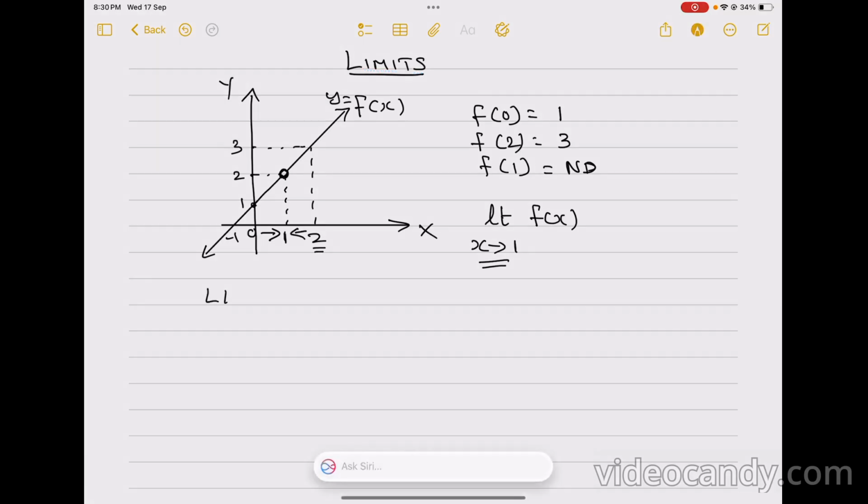The left hand limit is limit x tends to 1 minus, where 1 minus is from the left hand side. If you approach, what is your f of x value?